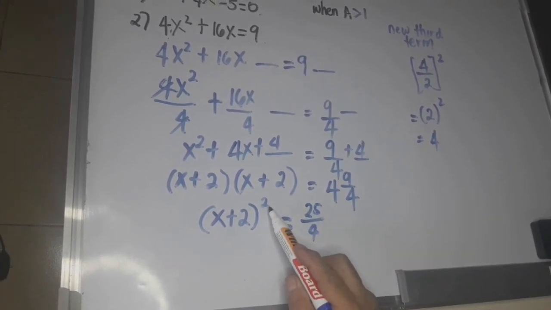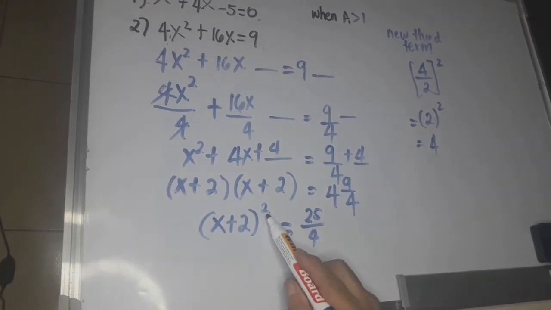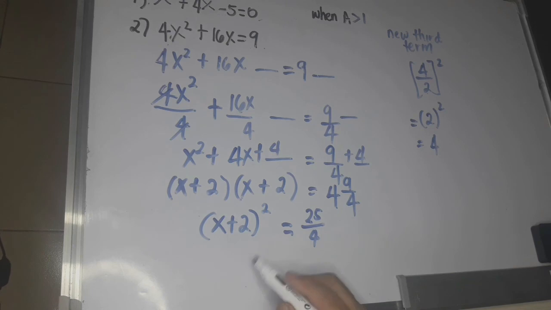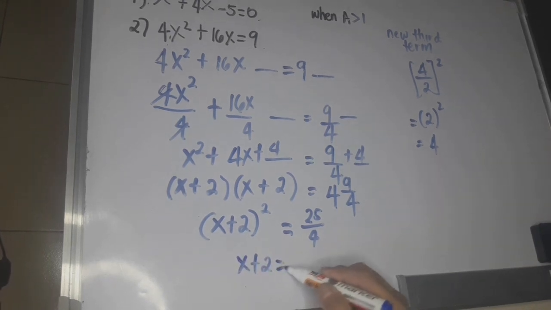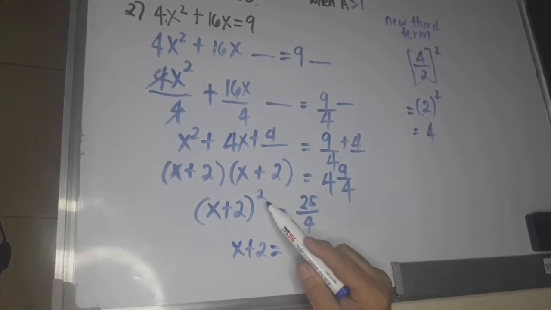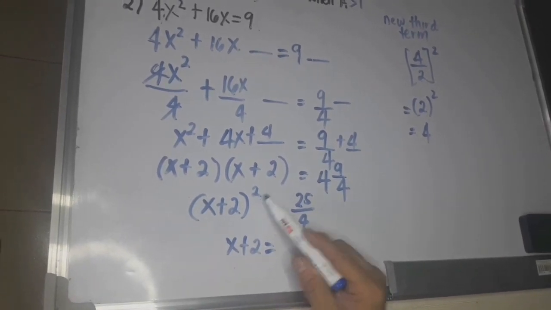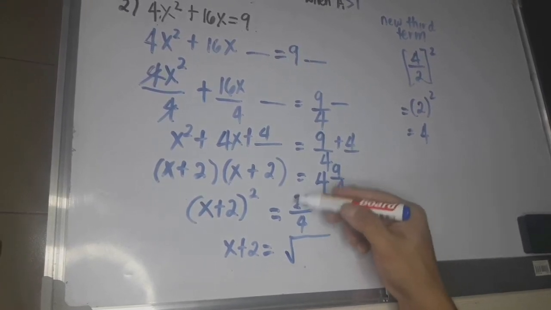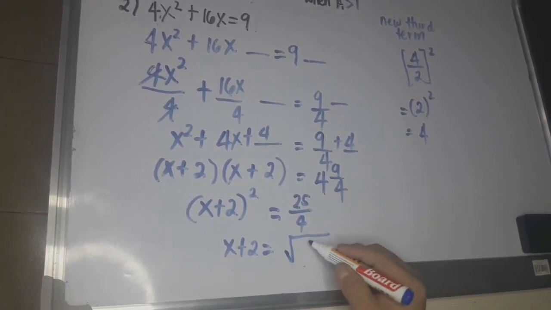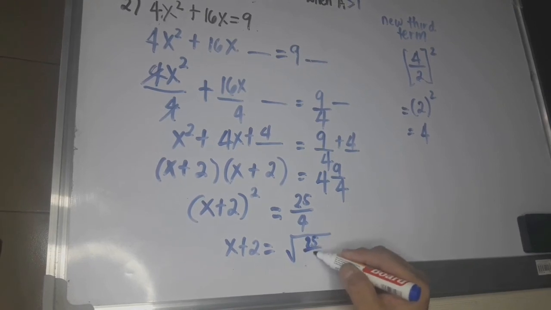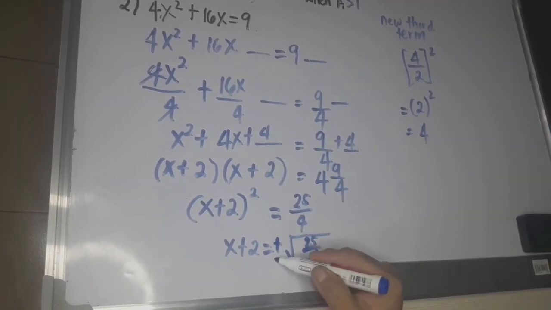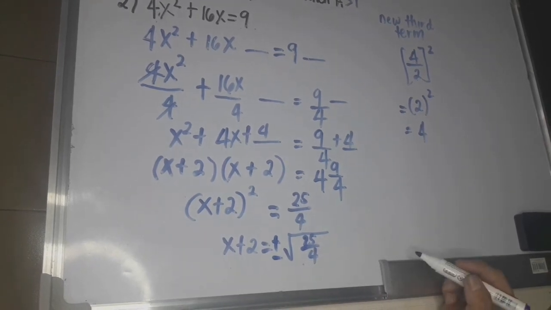Eliminating the exponent 2, we transfer exponent 2 to the right side of the equation, thus making the equation now x plus 2 equals, when the exponent 2 is transferred to the right side, it becomes the square root. Then this becomes the radicand, 25 over 4. We have the plus or minus.